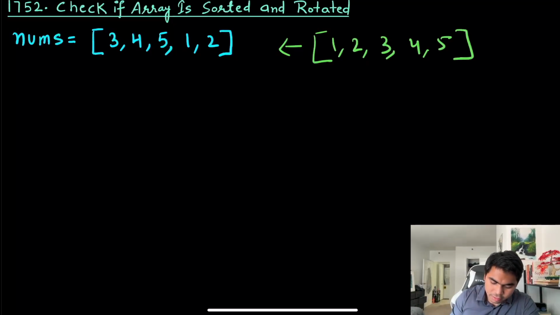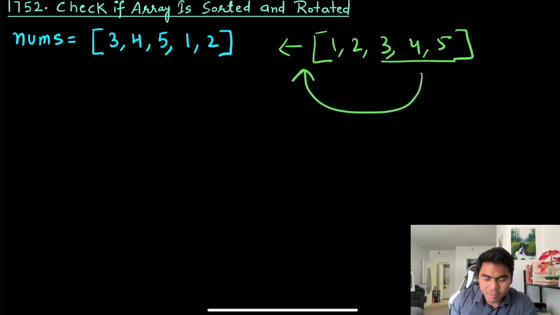This is the original array, but then 3 operations were performed on it, and these three elements were brought to the front, one by one. So basically they were rotated. That's why in the problem description they said it has been rotated by a certain number of positions.